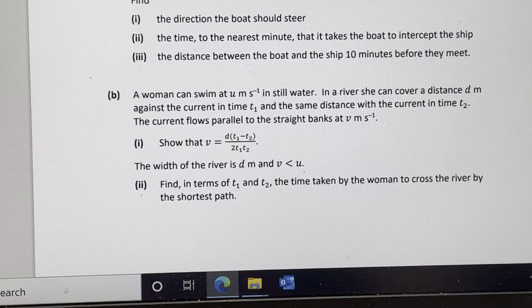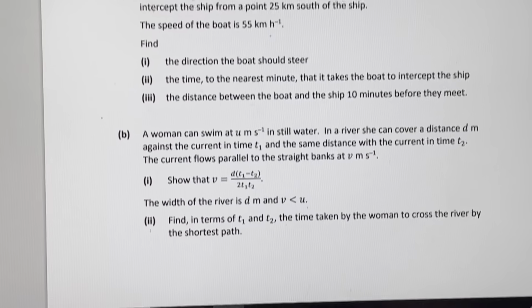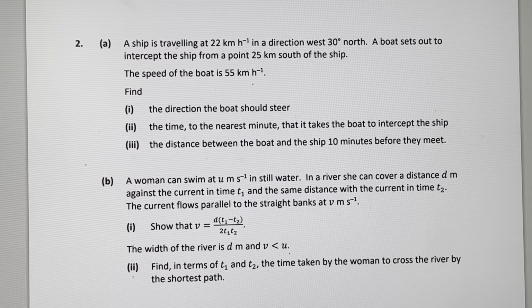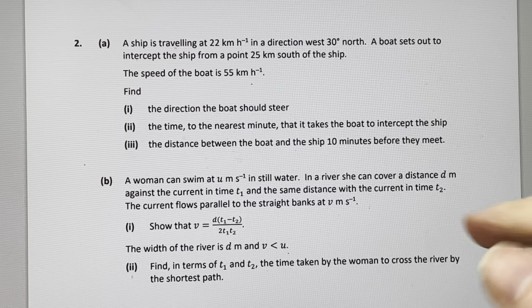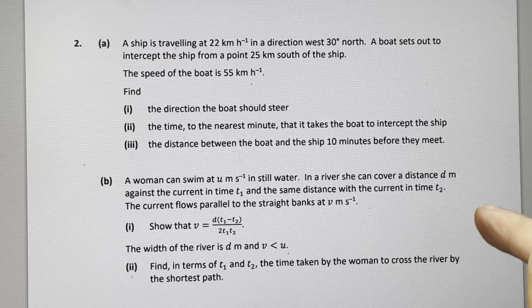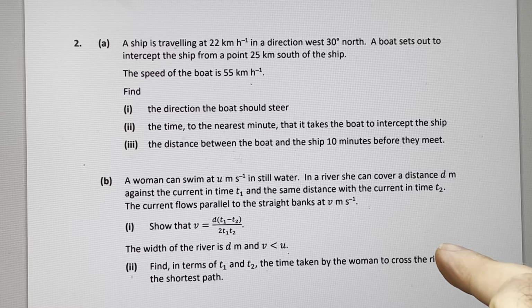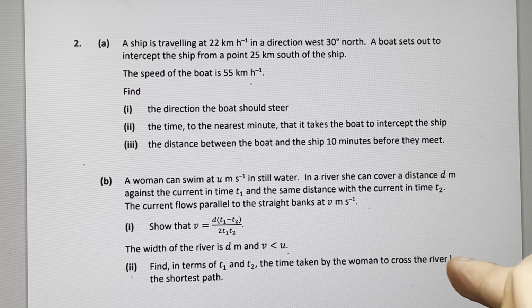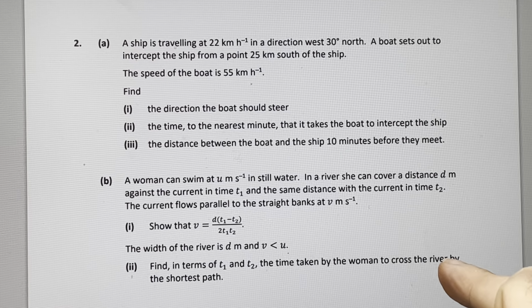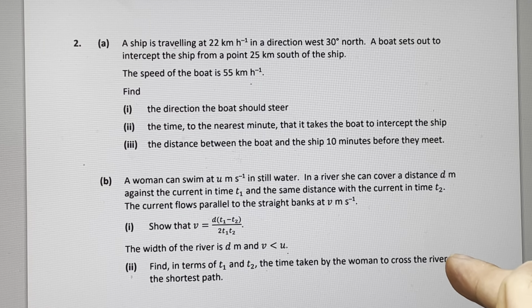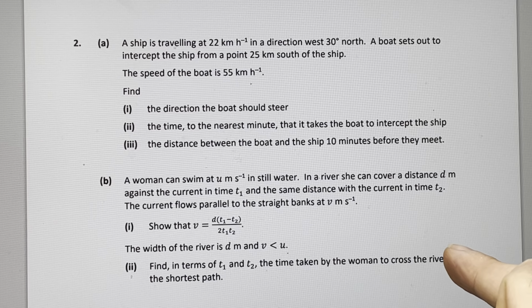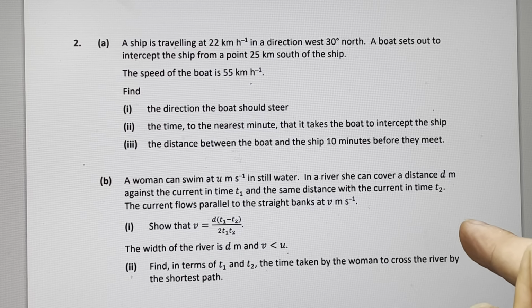The relative velocity, or the river crossing one, is a bit unusual in that they've kept numbers out of it, which makes it look kind of interesting. So this is the first time I think I've seen where they've kept it generic, and you're getting the general formula for a river crossing. So she can swim at U in still water, so that's your relative velocity.